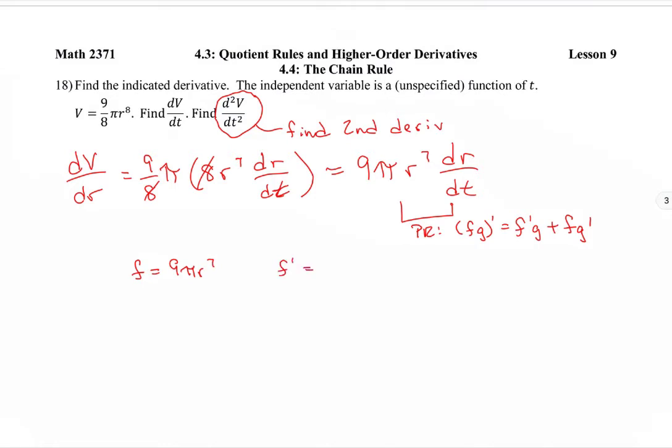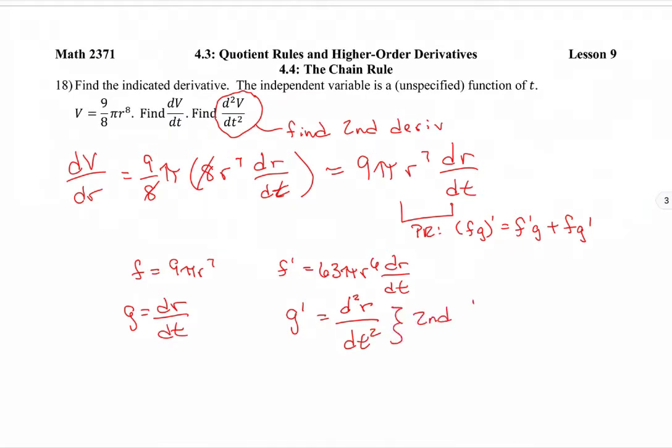So then f' equals 9 pi times 7 r to the 6th, which equals 63 pi r to the 6th dr/dt, and g equals dr/dt. So then g' equals the second derivative, and we write that as d squared r over dt squared. So this right here means second derivative. All right?